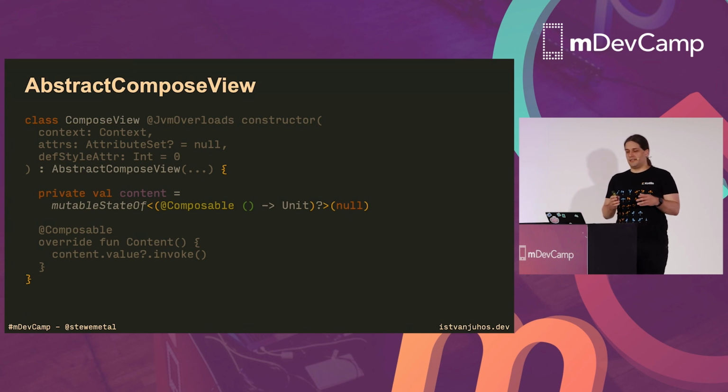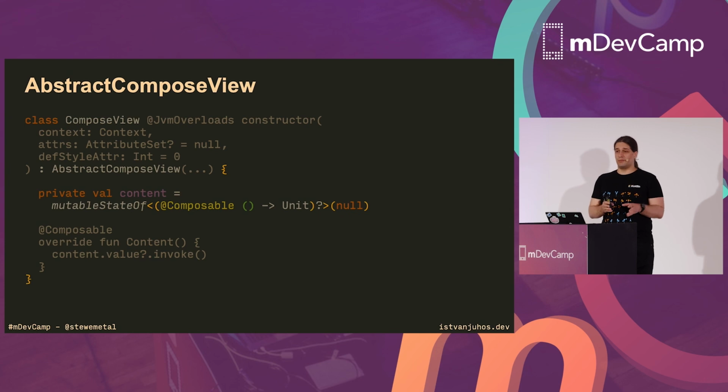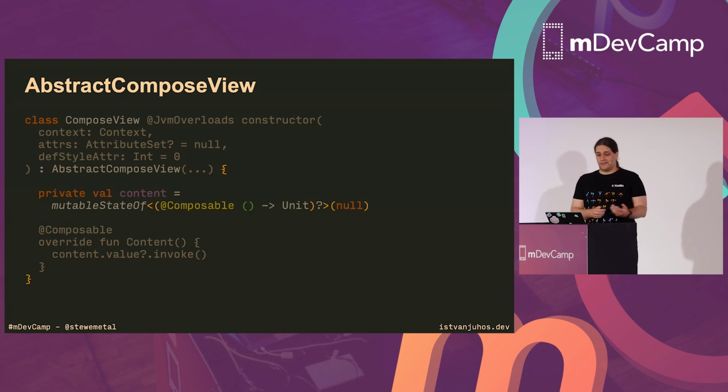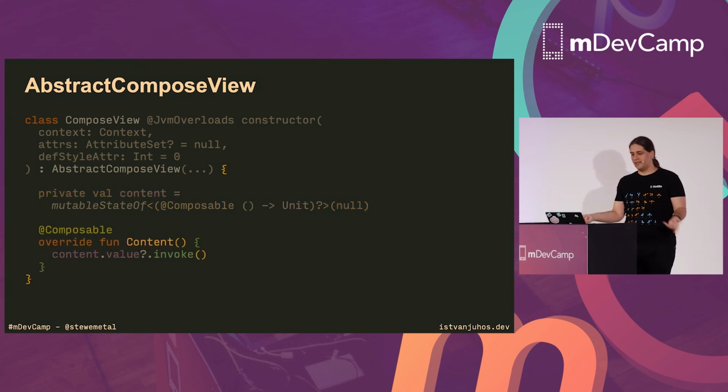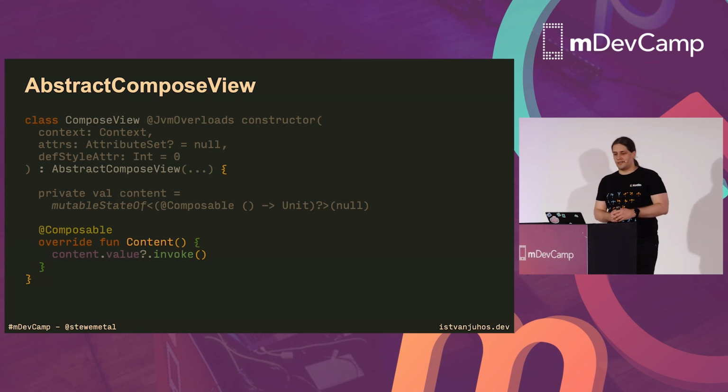Compose view has this property called content, which is actually a mutable state of a nullable composable. This is the composable that will be rendered. And it can change in time. So it's a state, and it's observable by Compose, right? And there is this content composable, which comes from abstract Compose view.